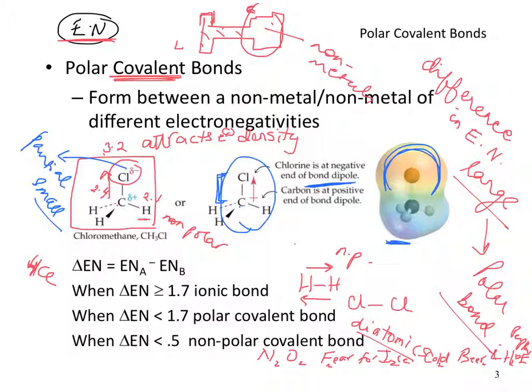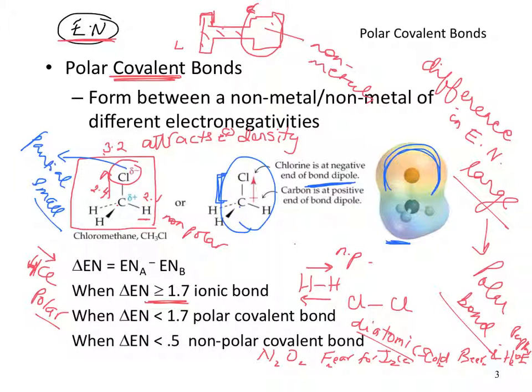And in this case, you would say that the Cl is going to pull the electron density towards itself, and that bond will be polar, absolutely. So one might question, is there a quantification of this? Can you actually put a number? Absolutely. If the delta EN, the electronegativity difference, is more than or equal to 1.7, we just consider it an ionic bond.